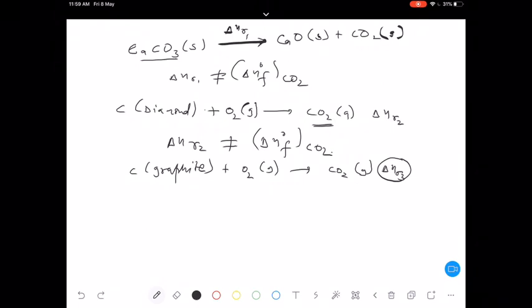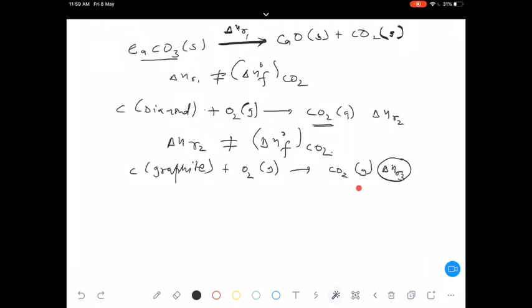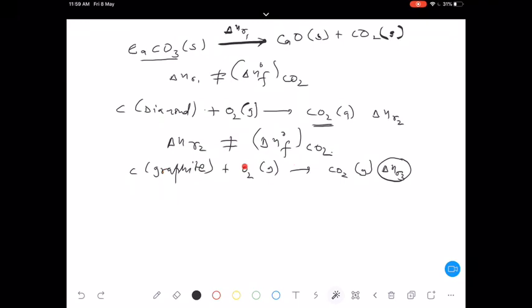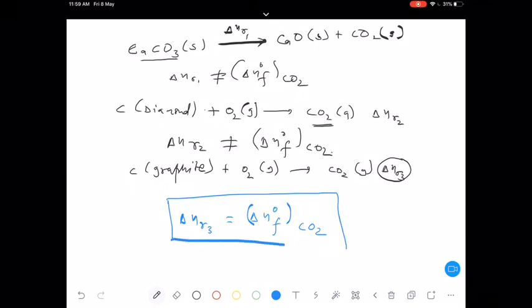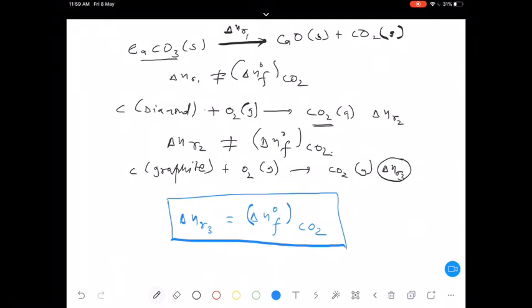Now 1 mole of substance is formed in its standard state from its corresponding elements which are also present in their standard state. Is that clear to everyone? So can I write this delta HR3 as standard heat of formation for carbon dioxide? Is that clear to everyone? Any confusion, any doubt? Correct?